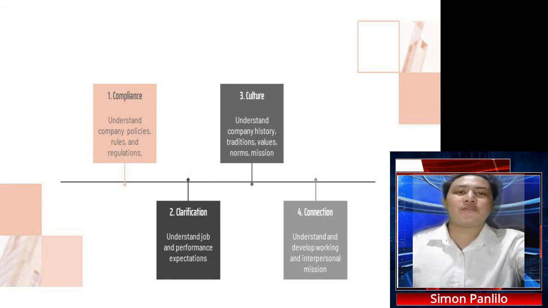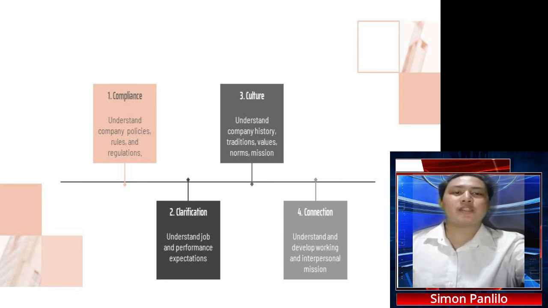Next is clarification. Clarification is to understand the job and performance expectations. So from its root word clarify, clarification is a step where you, as an HR, will clarify things to them.